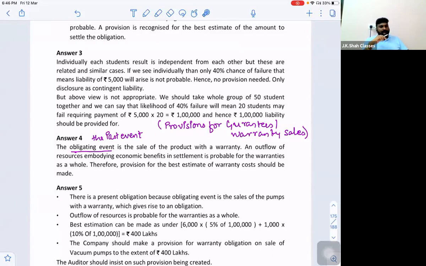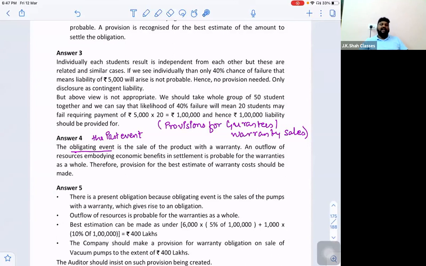Yes, Anshul. And we can directly give the answer for the provision. Then why give the first paragraph? No, sir, both views are correct. But you know, sir, that if we take individually, it is not possible to make an estimation properly. I agree with that.